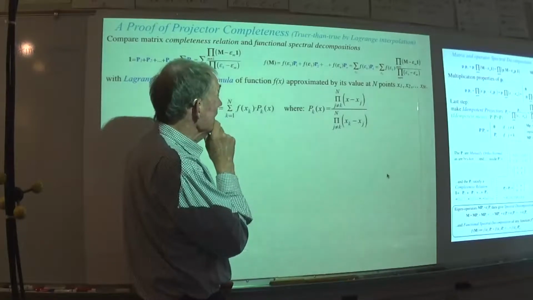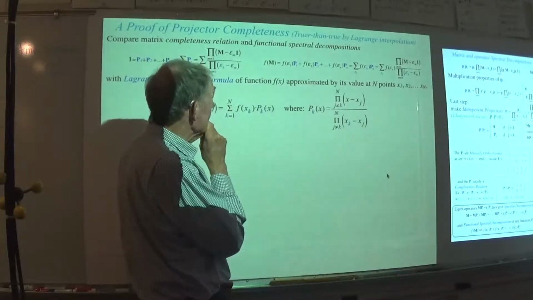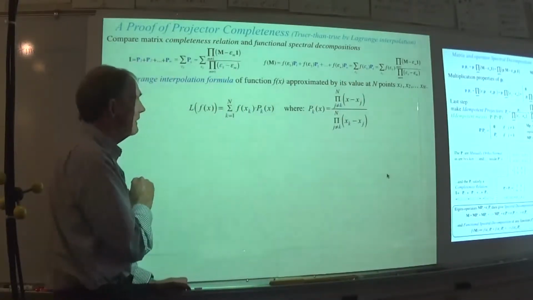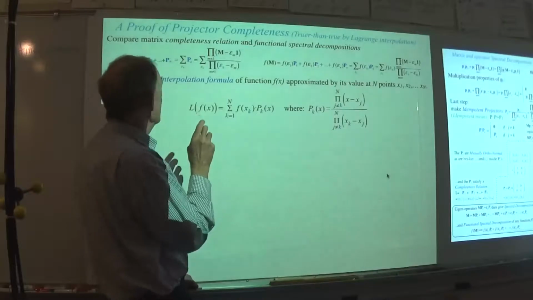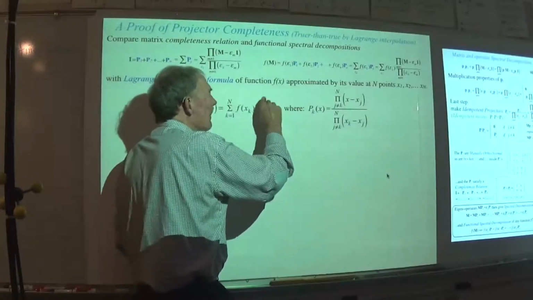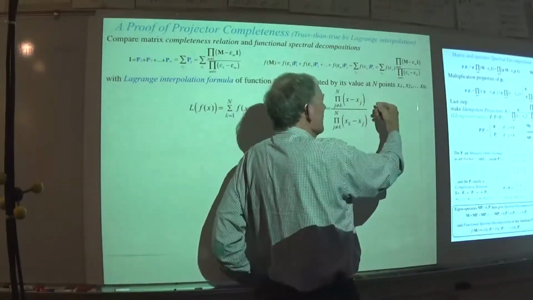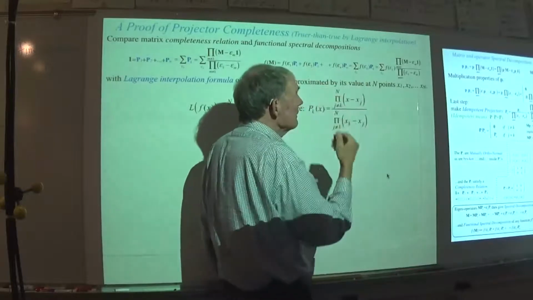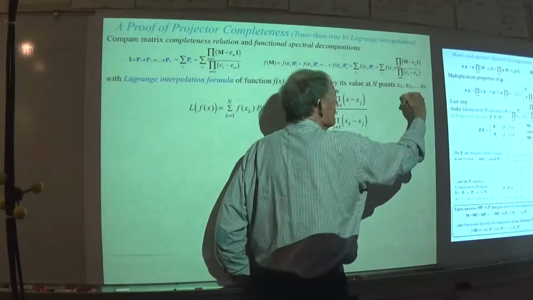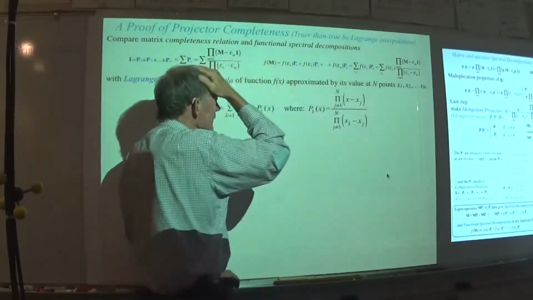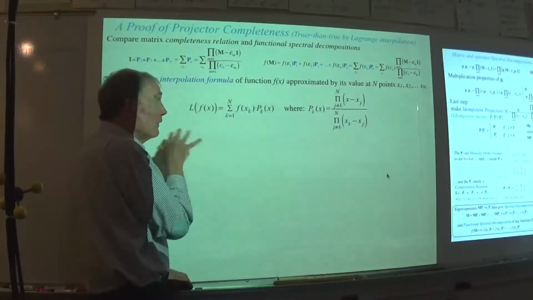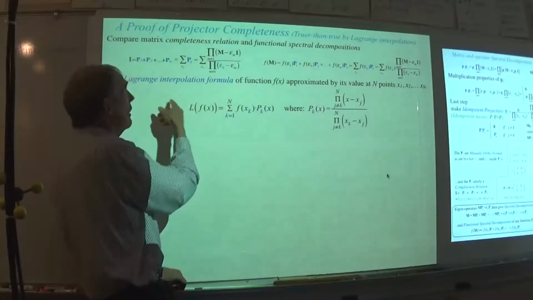Well, there is a thing called Lagrange interpolation. It looks like this. This is how you rewrite a function that has been given to you by some data randomly distributed over the independent variable, where you know its value at x1, you know its value at x2, and so forth for n points. You can make a polynomial that goes through all of those points by following Lagrange's prescription here.